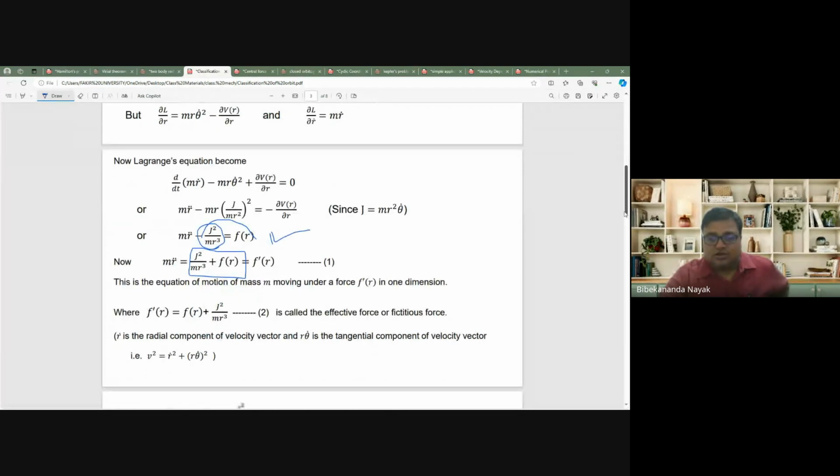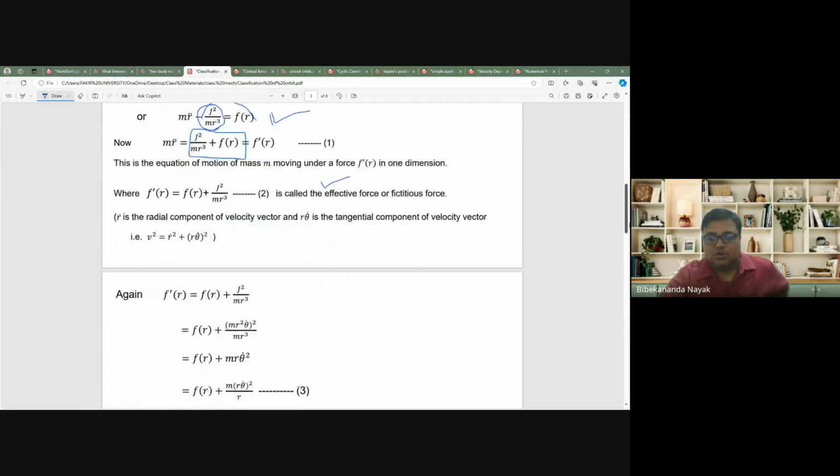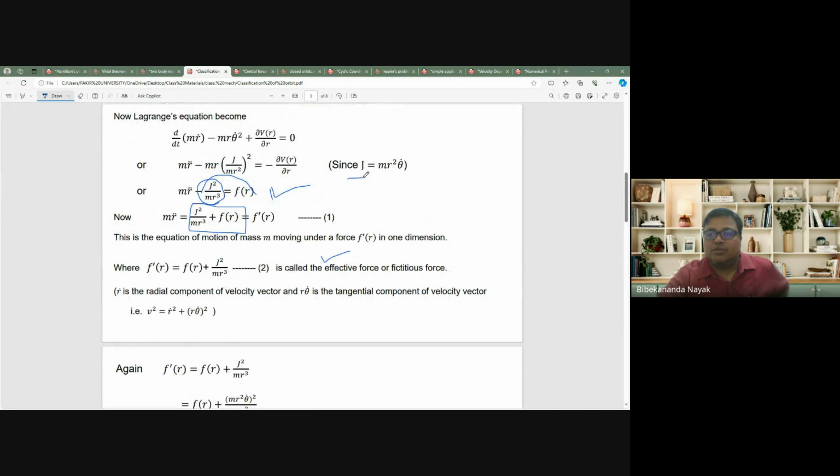Matching with Newton's mechanics, F is equal to ma. We take this force plus this term, which is known as a fictitious or effective force: f r plus J square by m r cube. J is your angular momentum. If you calculate the J value, it will be m r square theta dot.